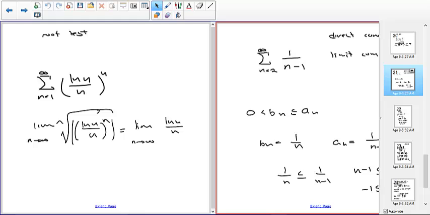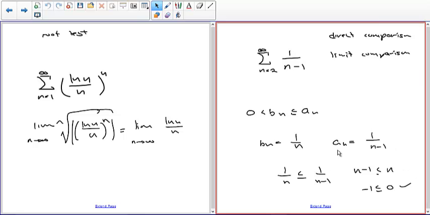And so we are actually on the one that's shown on the screen. So we did the actual test here. We used the limit comparison test because I know 1 over n diverges, so I'm pretty sure 1 over n minus 1 diverges as well. I think actually we said you could still use the direct comparison test, but the limit comparison test seems to be easier to apply.